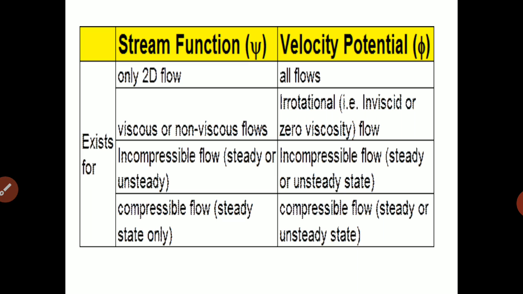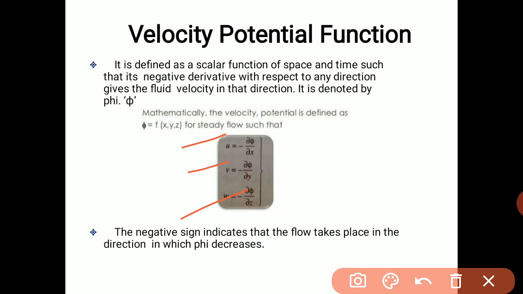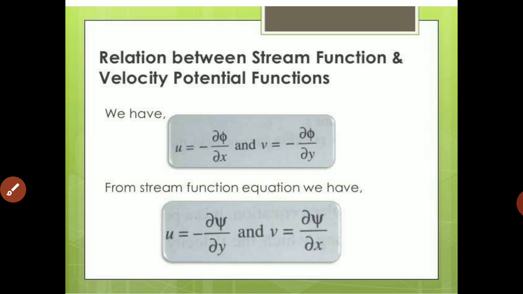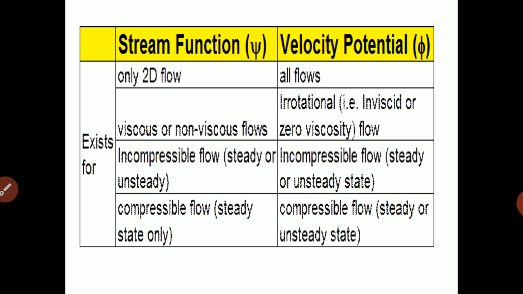So what is the difference between stream function and velocity potential? Stream function is for only two-dimensional flow, velocity potential is for all dimensions. That's why we have considered u, v, w here, for the x, y and z directions. Stream function exists for viscous and non-viscous flow, while velocity potential is for irrotational, zero viscosity flows.